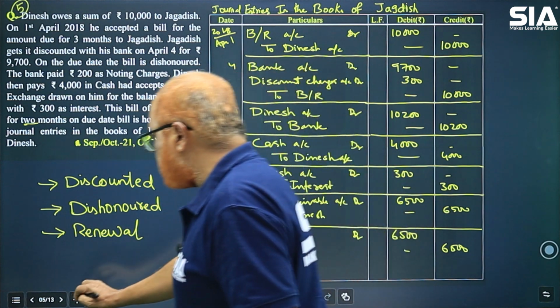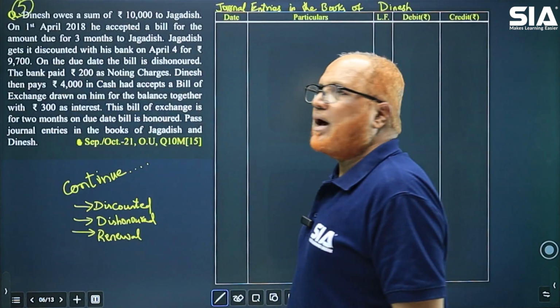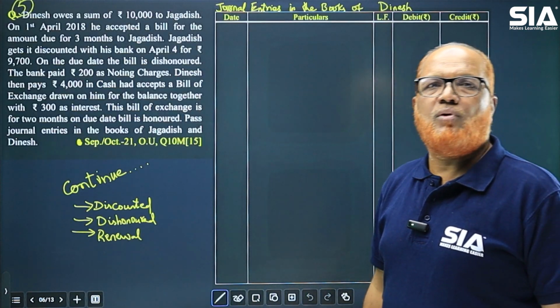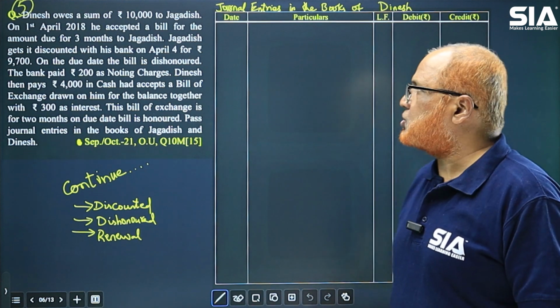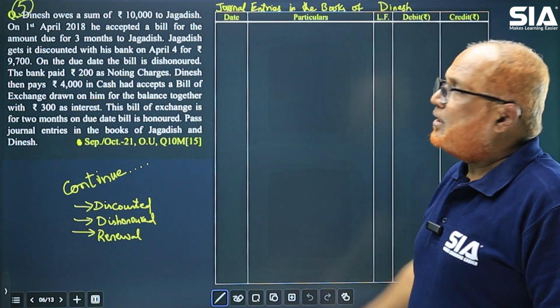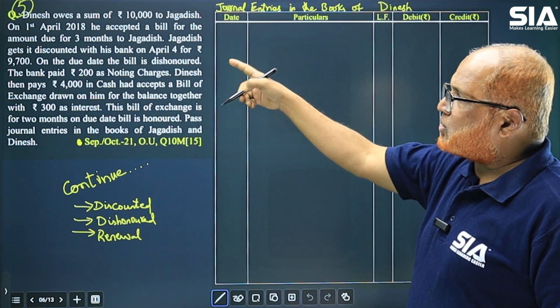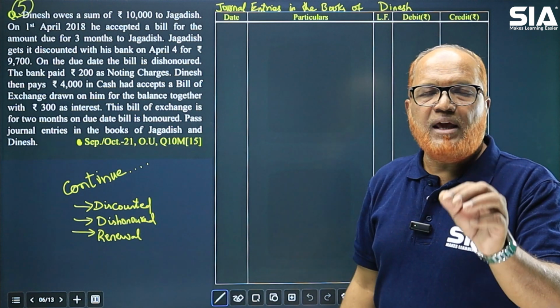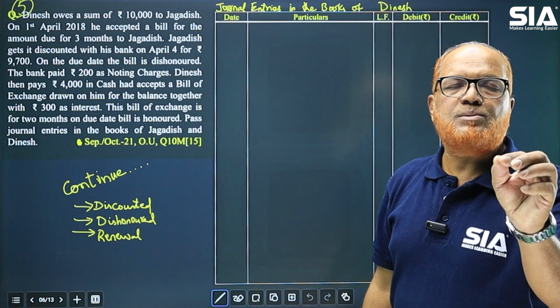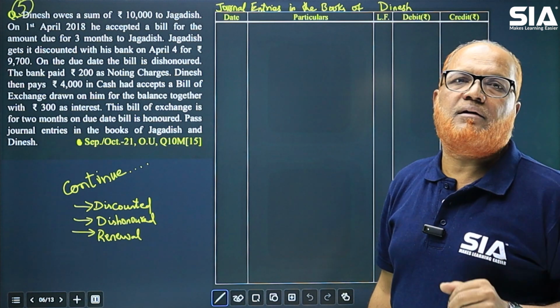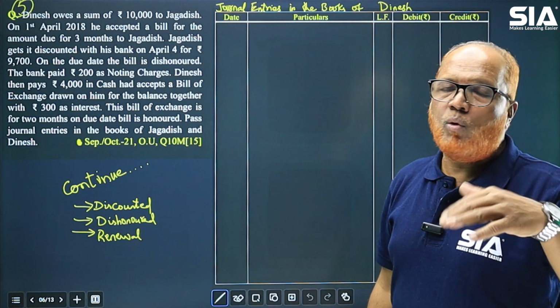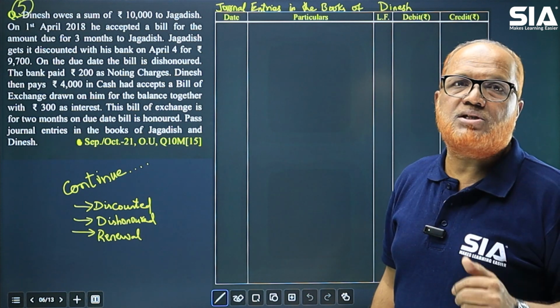Now it is also asking you to pass the entries in the books of the drawee, that is Dinesh. Now, Dinesh owes 10,000 to Jagdish. On 1st April, he accepted. When he accepted the bill, bills payable account should be credited. To whom? Who has drawn the bill? Jagdish has drawn.